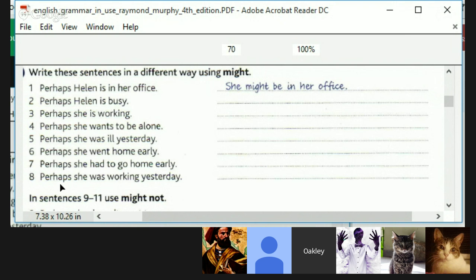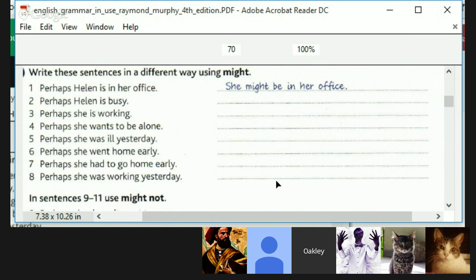Okay, Carolina, number 8. Perhaps she was working yesterday. She might have been working yesterday. Very good. Okay, notice how the past continuous translates into using have been working.